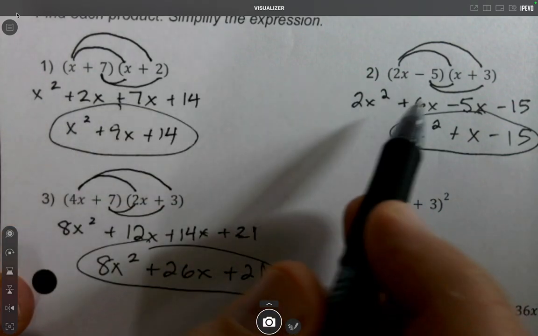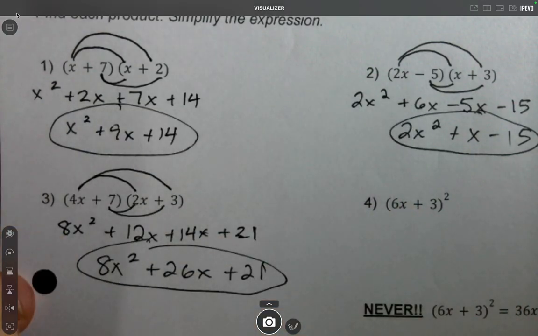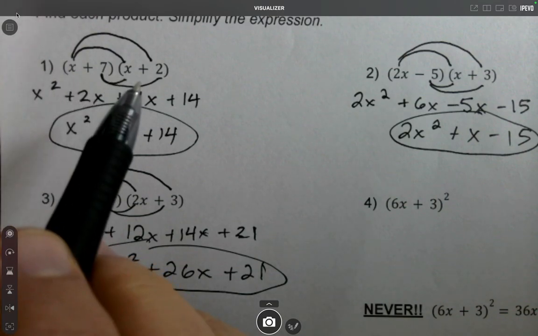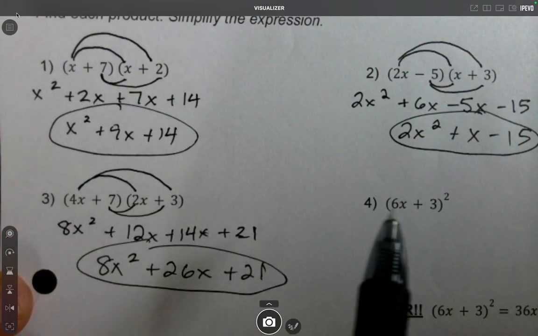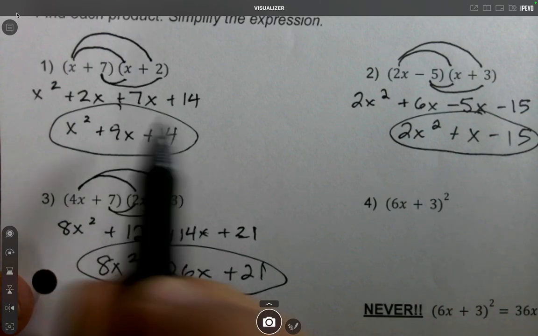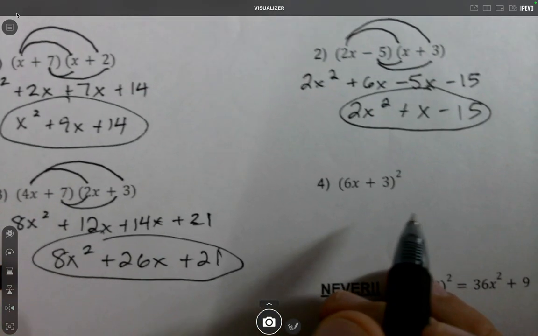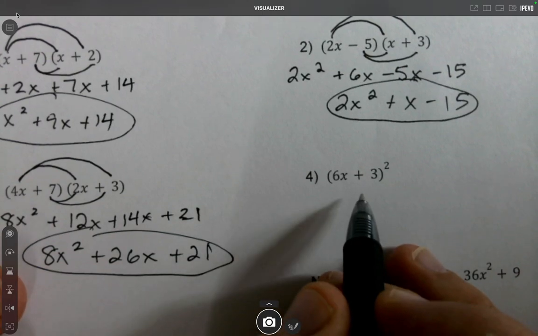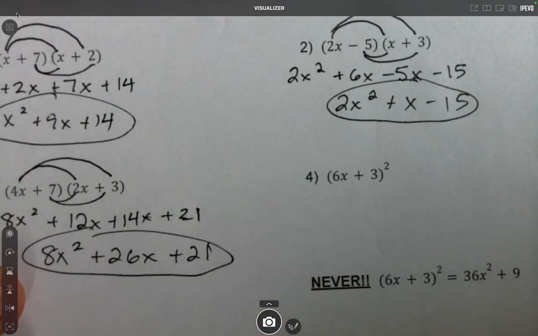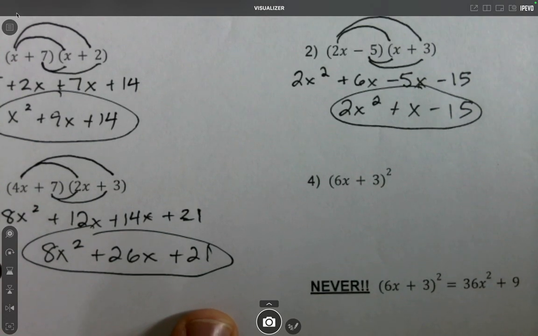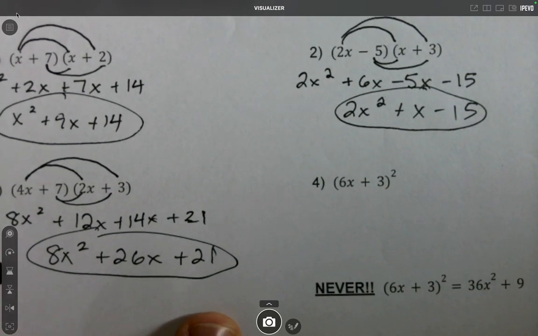Okay, now 1, 2, and 3 have very similar formats, and by that I mean they're all written the same way: binomial times binomial. Now 4 is solved the same way as these, but it's written differently because they're wanting us to multiply the same thing by the same thing. So this is very important. When you see this, you've got to remember what squared really means. I try to drive this home a lot because I think it's common.